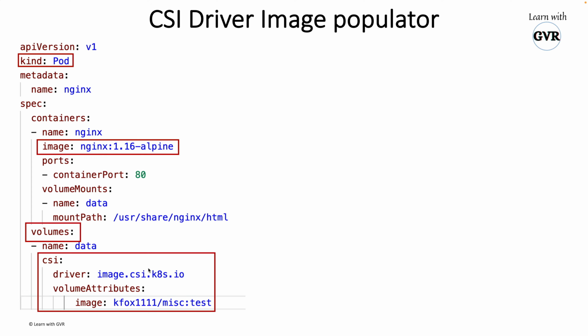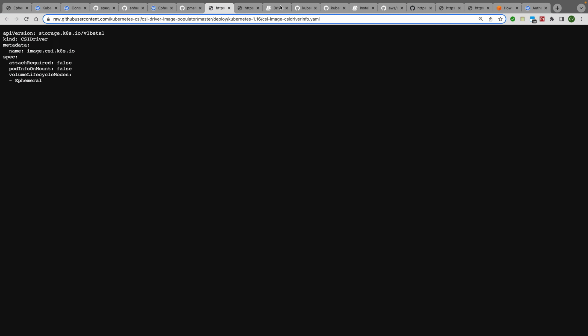The beauty of this driver is that you can attach another Docker image as a volume and mount it to a pod. A Docker image as a mount in another pod, that's what the image populator does. You cannot achieve this with any other driver, so only this driver supports that. Let's see if image.csi is available here.